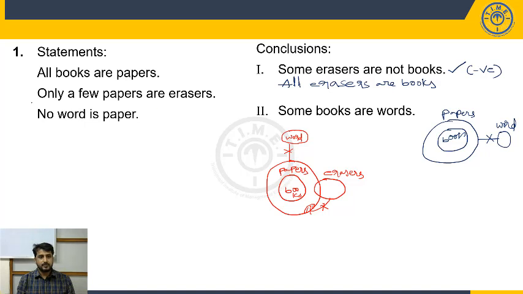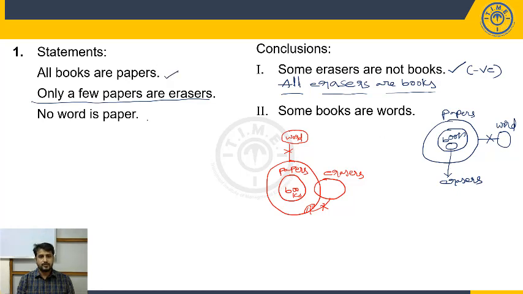And we have the statement only a few papers are erasers, which means definitely some part of the paper should be outside the erasers. Simultaneously we have to prove all erasers are books, so erasers have to be placed inside the books. Let's say this part is erasers.